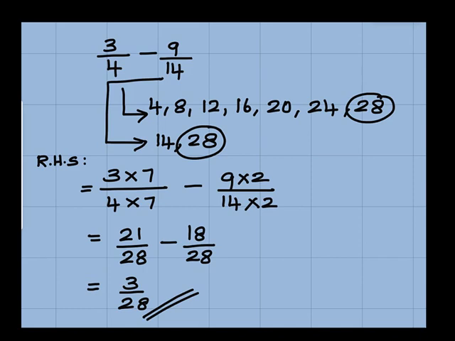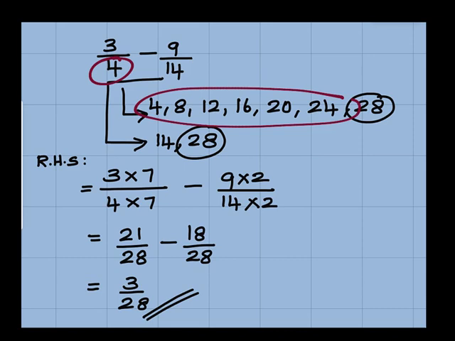So in this problem I have shown how to make like units. If you see the denominators, they're 4 and 14. We have to make like units in the denominator so that it's easy for us to subtract. How to make like units? First, let us see the multiples of 4: 4, 8, 12, 16, 20, 24, 28.